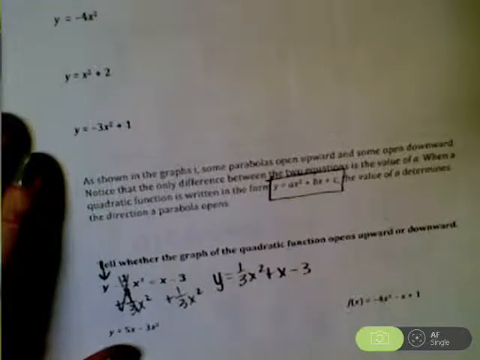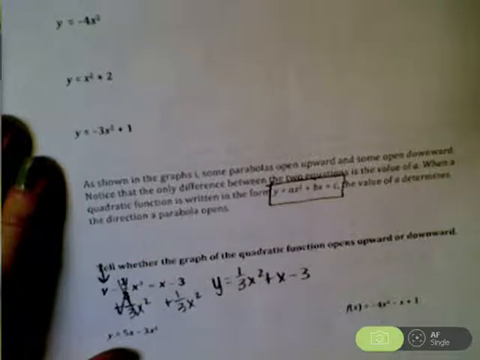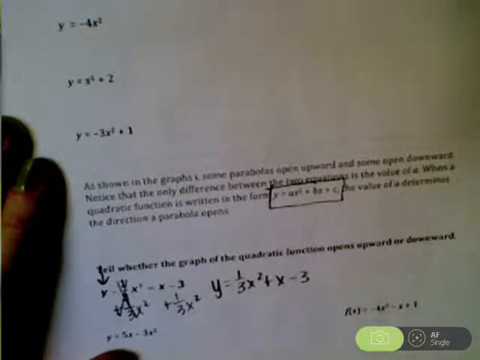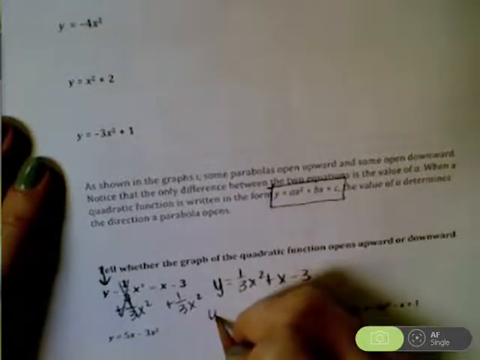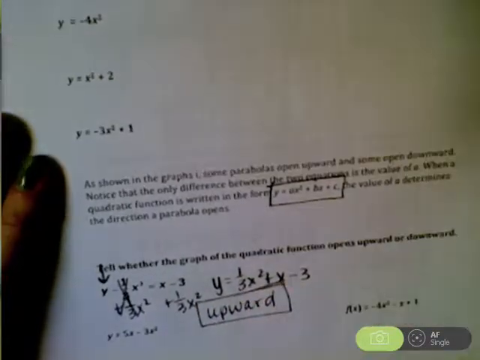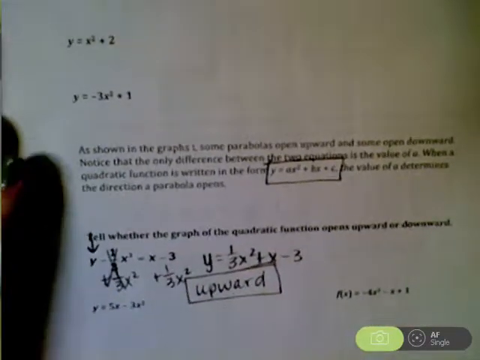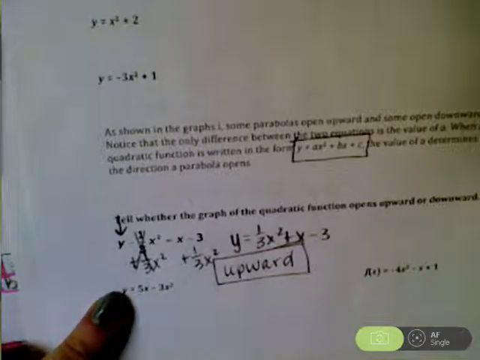So now I can see that the value of a is what? 1/3. Which means this parabola is going to open in what direction? Upward, yes. What's the value of a in the second example? -3.